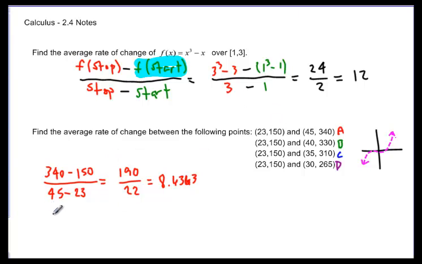And again, we're going to stop at 330. We're going to start at 150. Divided by, and then we stop at 35 and start at 23. So we're going to end up with 330 minus 150, which is 180, divided by 35 minus 23, which is 12, and 180 divided by 12 is 15.